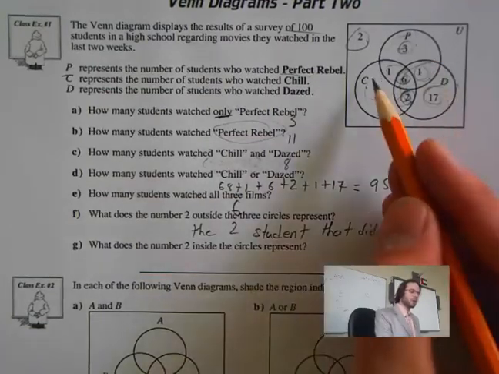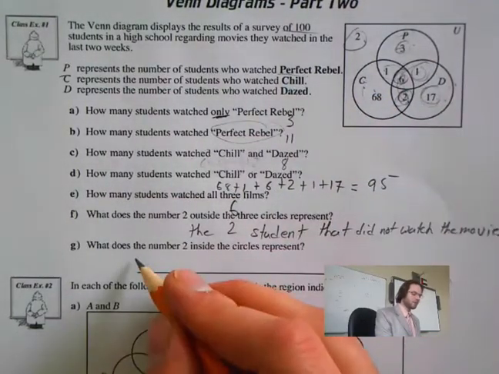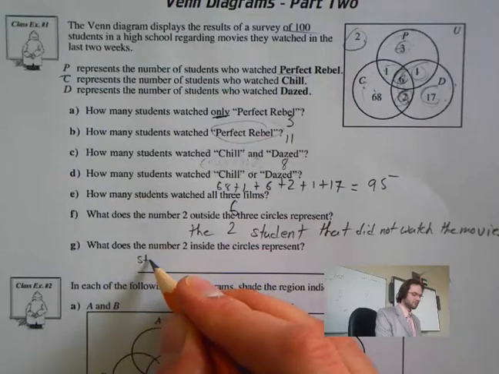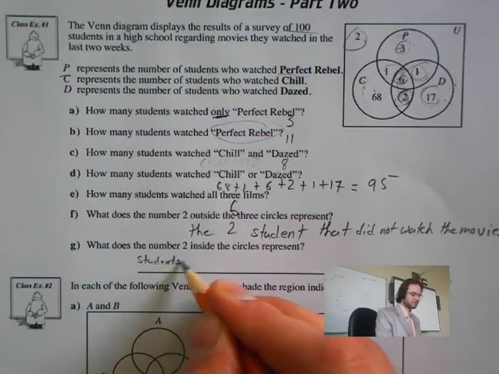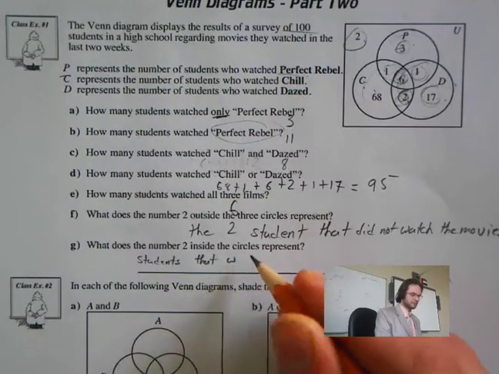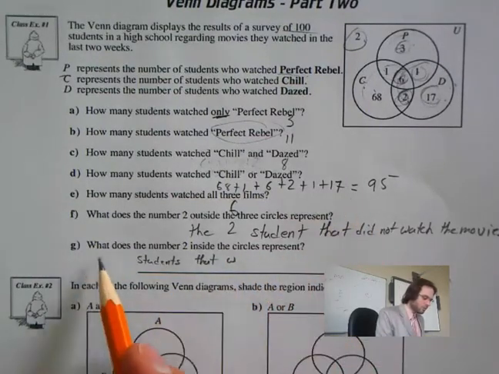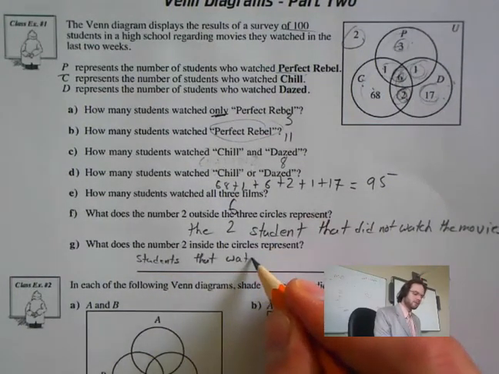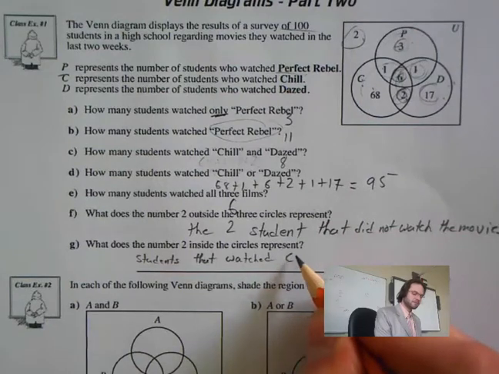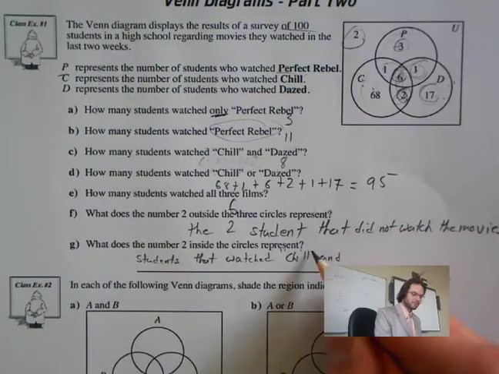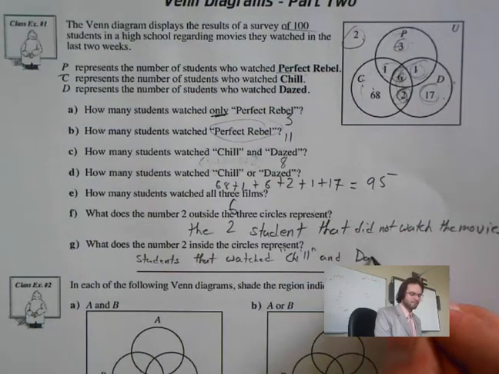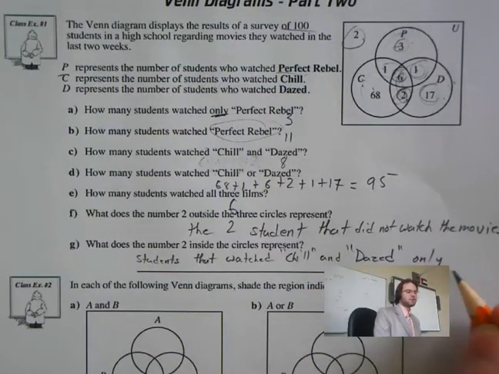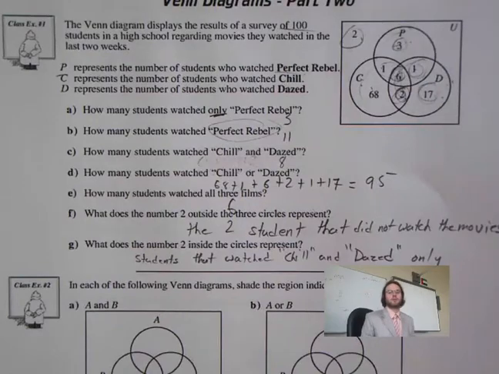And that would be the people that watched Chill and Dazed only. Okay? So meaning they did not watch Perfect Rebel.